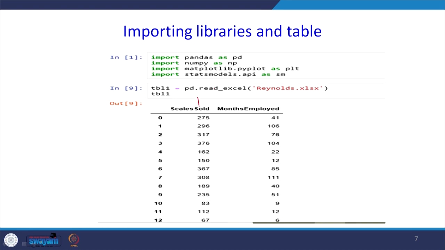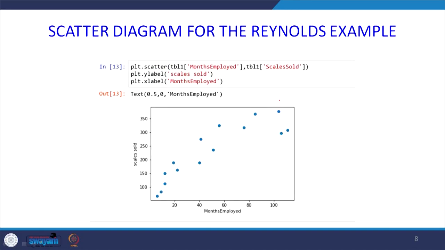There is a y, this is the x. Let us do a regression analysis. First, before going for regression analysis, we will go for a scatter plot. For drawing the scatter plot, plt.scatter, the first variable, months employed, and the second variable, which is going to be on the y axis, scales sold.